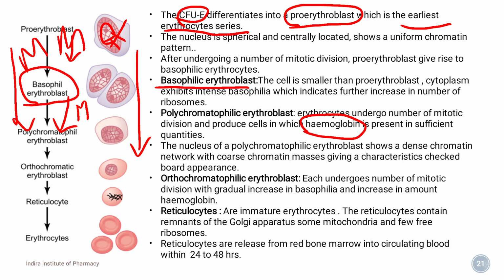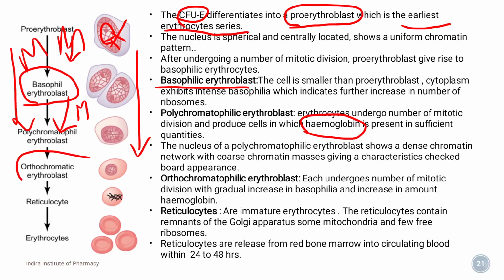The nucleus of polychromatophilic erythroblast shows a dense chromatin network with coarse chromatin masses giving a characteristic checkerboard appearance.